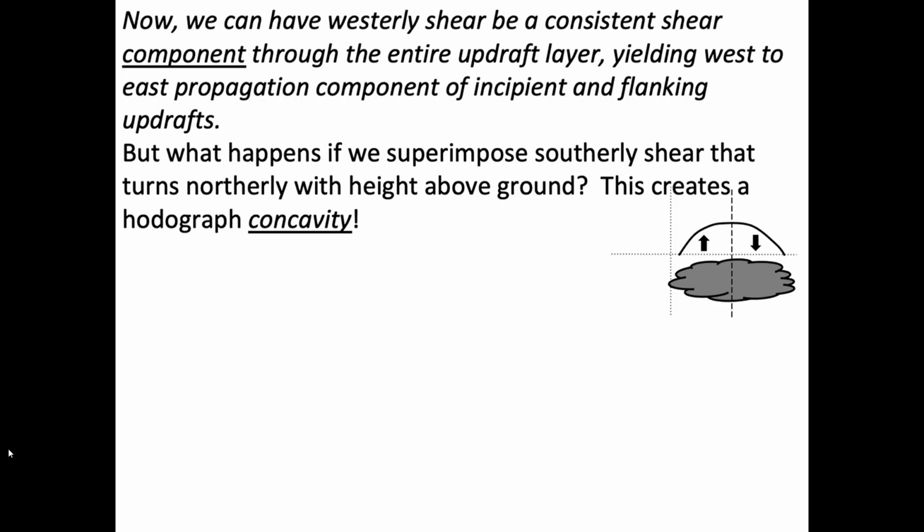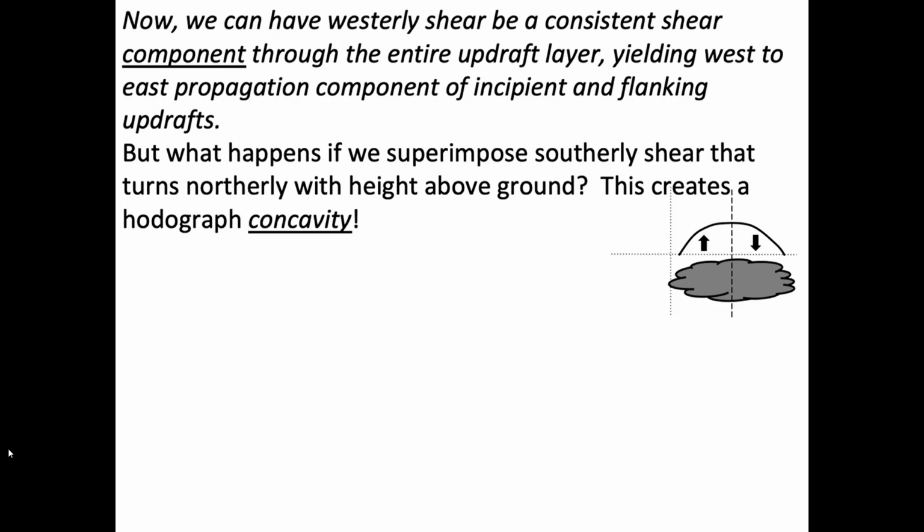But in the lower part of the photograph, we also have a component of that tangent, or a shear component, being southerly, and in the upper part of that photograph, a component of the tangent being northerly. So we're superimposing everywhere our westerly shear with a reversing shear pattern across our deep shear vector.